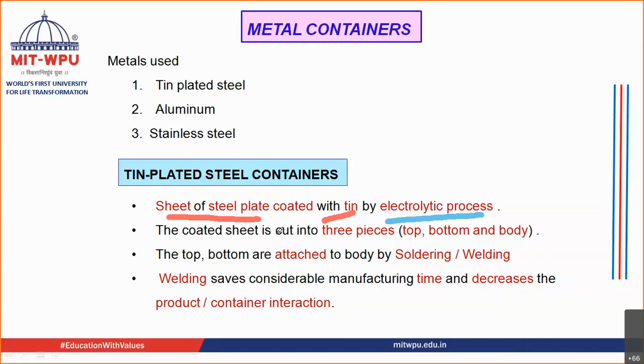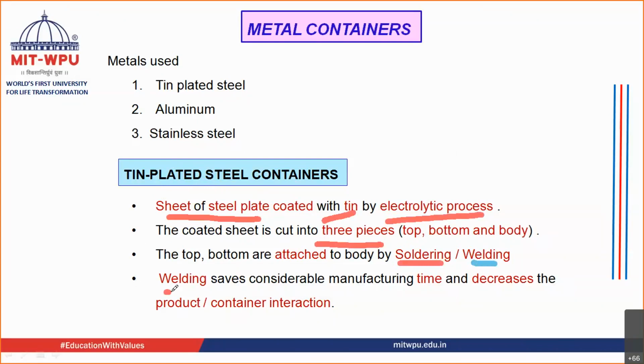After coating this, what you usually do is cut this sheet into three pieces, that is bottom, top and the body, and you join them together by soldering or by a welding process. Usually instead of soldering, you prefer the welding process for joining it. There are two reasons for it.